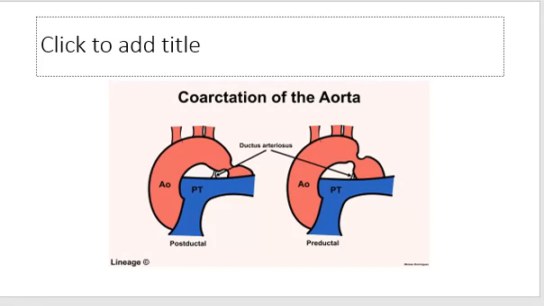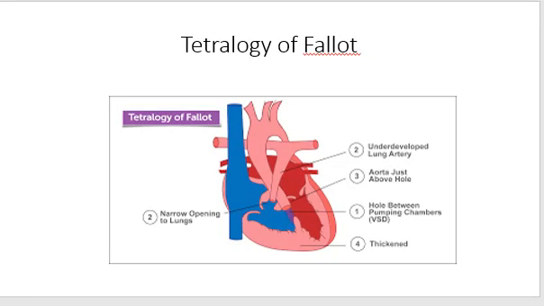The next heart defect that we'll look at is your tetralogy of Fallot. This is a mixed defect, and many complex cardiac anomalies are in this mixed category, and I think this is the only one we're looking at.